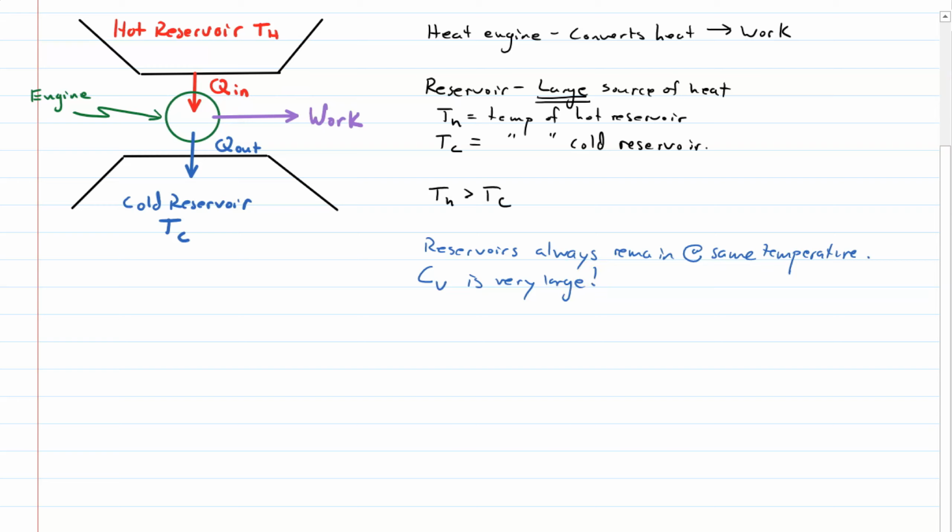Think about it like Lake Ontario. Lake Ontario is a huge, giant source of heat. It's a huge body of water. If I took some energy out of Lake Ontario, its temperature wouldn't change very much. Or relatedly, if I dump a cup of hot water into Lake Ontario, its temperature doesn't change in any significant way. It's so large, its temperature doesn't change in any appreciable way. So the temperatures of those reservoirs are fixed.